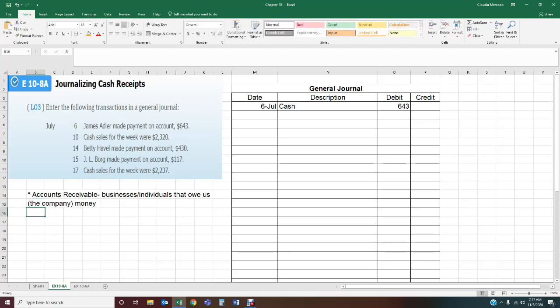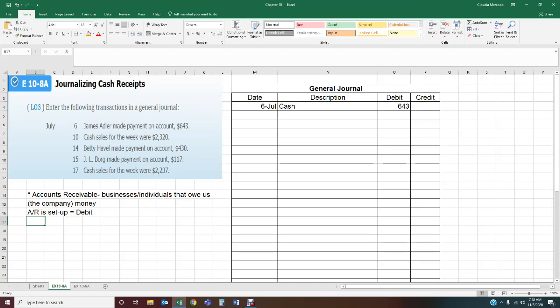When the accounts receivable is initially set up, we debit it. If James owes me money and I need to set that up in my books, I'm going to debit my accounts receivable, so that I show that James owes me money.